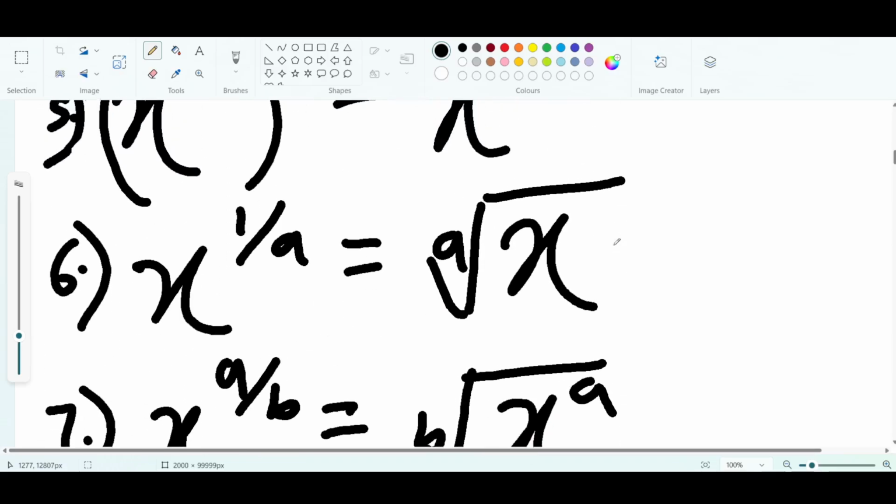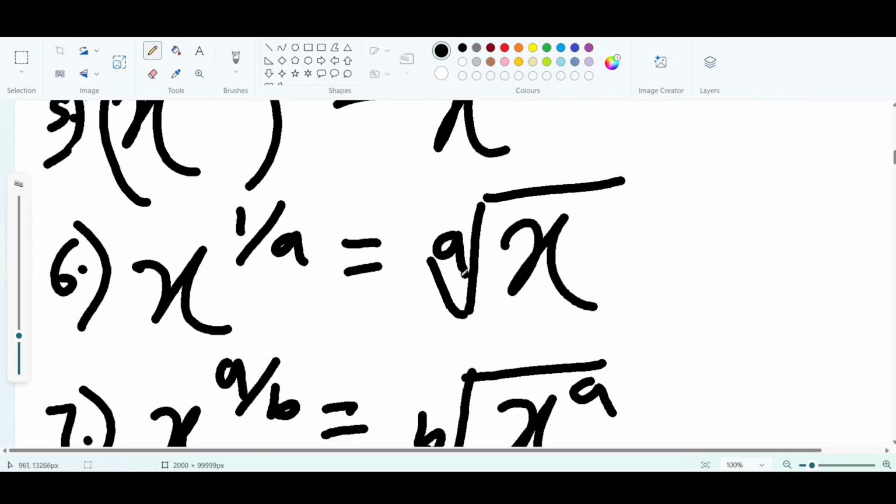The sixth law of indices states that x raised to power 1 over a is going to be the a-th root of x. If a is 2, it's going to be the square root of x.